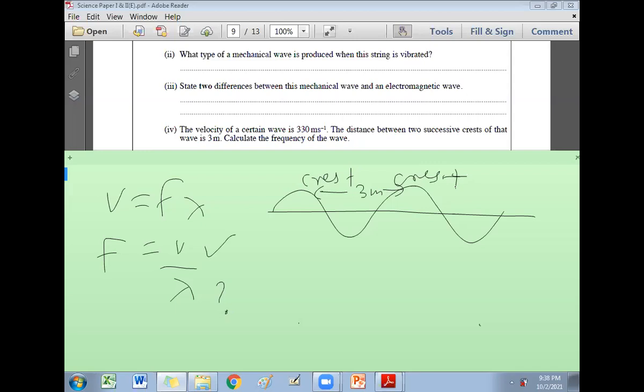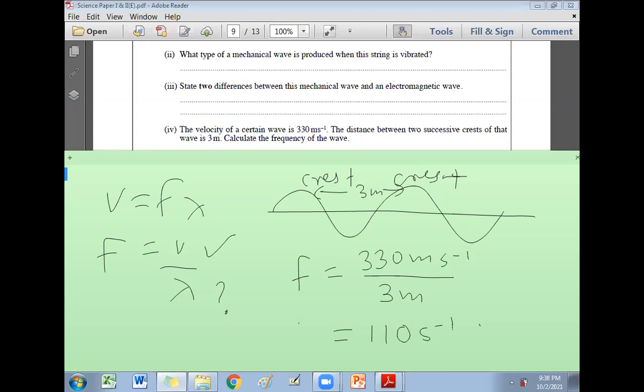Now how to write it? F equals 330 meters per second divided by 3 meters. Meters get cancelled, right? Then the final answer? 3 times 1, 3 times 110, right?